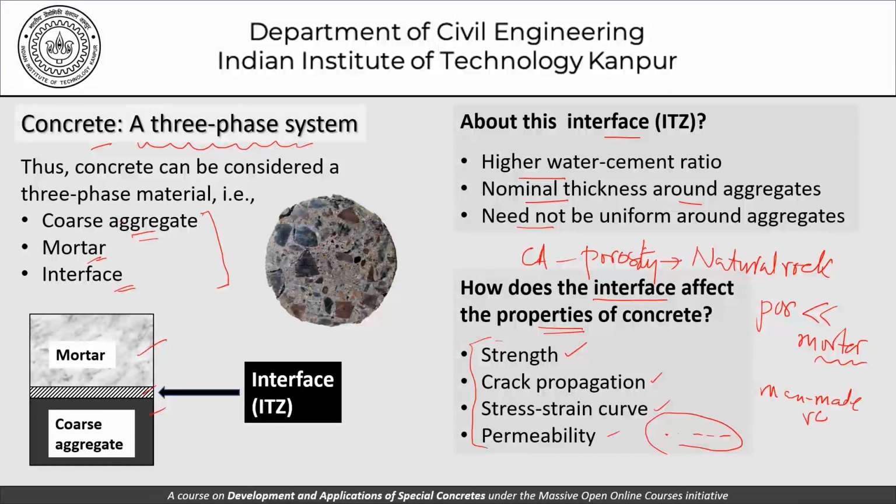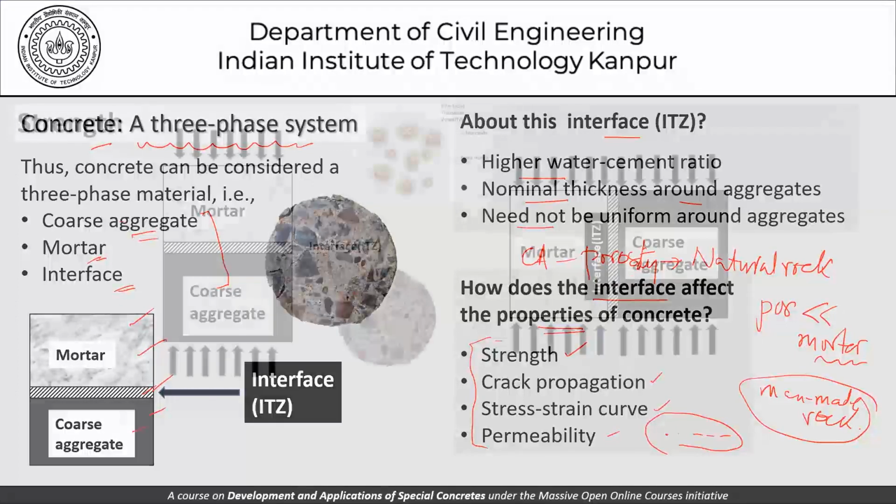Because it's a man-made rock made up of phases, the mortar phase has porosity, the interfacial zone has its porosity, and the coarse aggregate has its porosity. So now which of them becomes the weakest link in the chain? That is what has to be determined when we are talking about modeling, when we are trying to understand the impact of the ITZ on the properties of concrete, or when we try to model the properties of concrete and interpret it in terms of the properties of mortar, coarse aggregate and the ITZ.